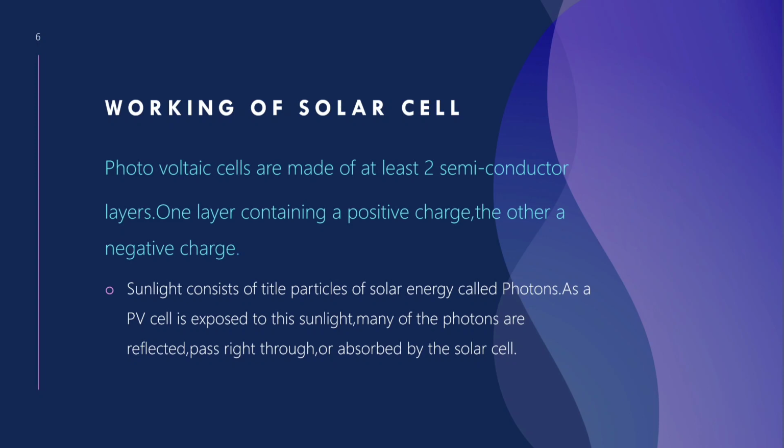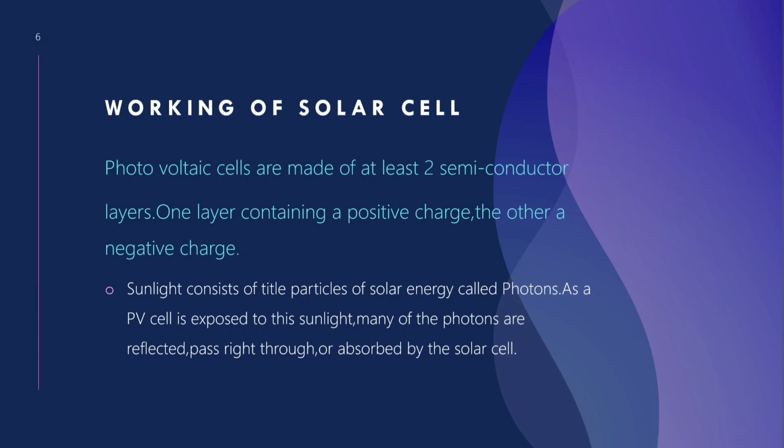As a PV cell is exposed to the sunlight, many of the photons are reflected, pass right through, or are absorbed by the solar cell. When enough photons are absorbed by the negative layer of the photovoltaic cell, electrons are freed from the negative semiconductor material due to the manufacturing process of the positive layer.